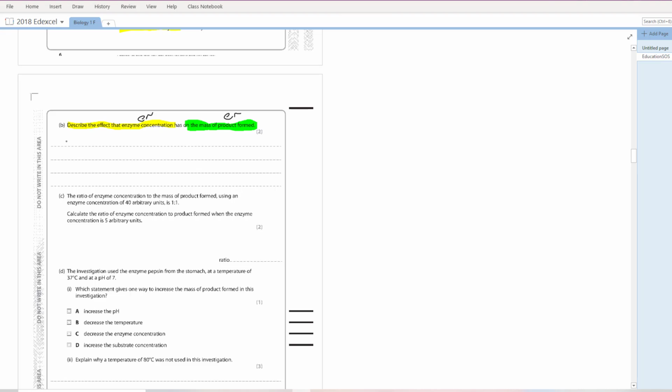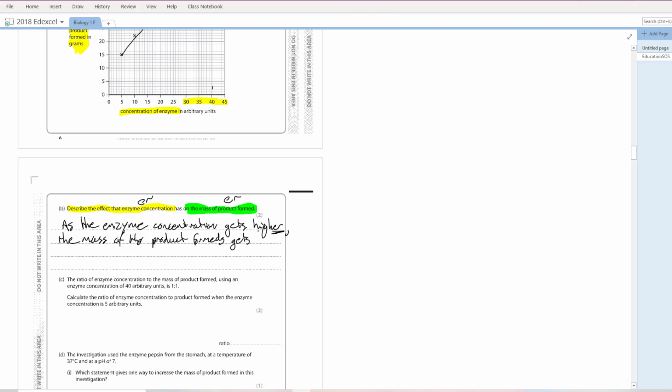So: as the enzyme concentration gets higher, and then I'm on to the green part of my sentence, the mass of the product formed gets, and I'm just going to double check by looking at my graph, yeah, it gets higher.